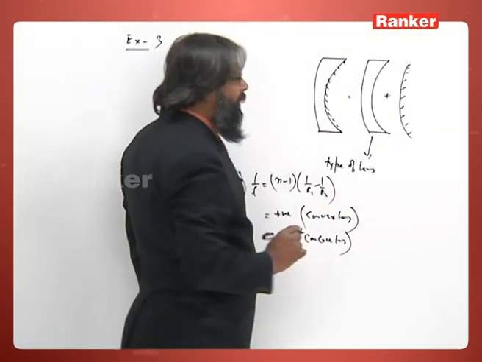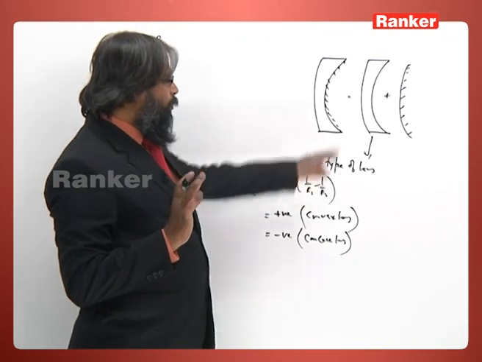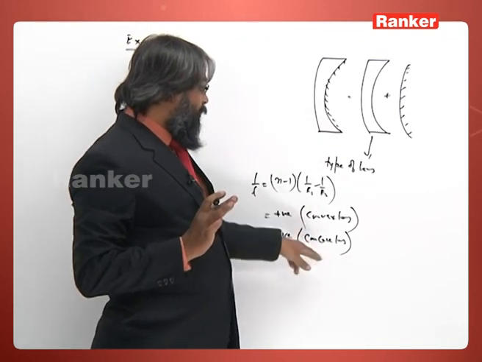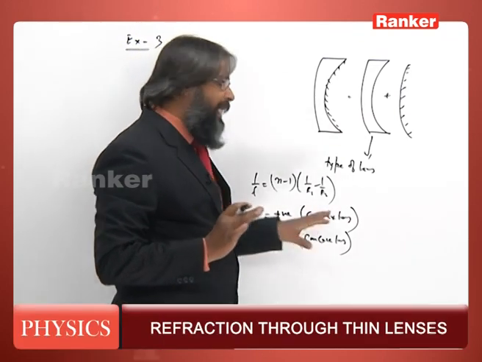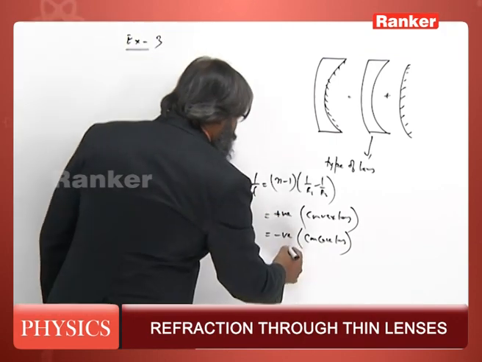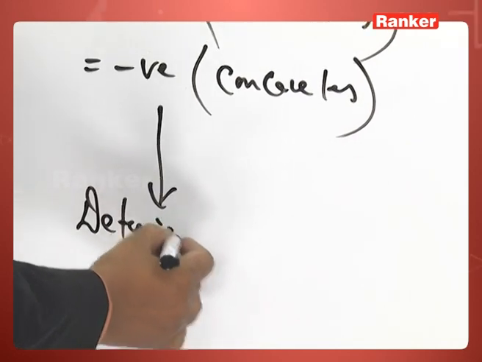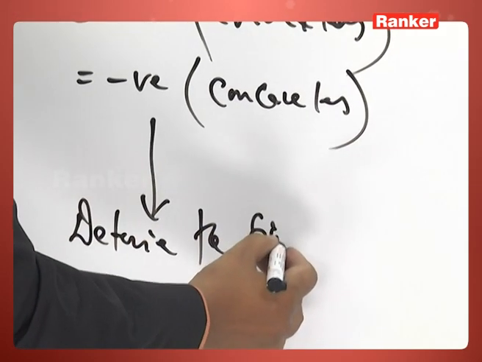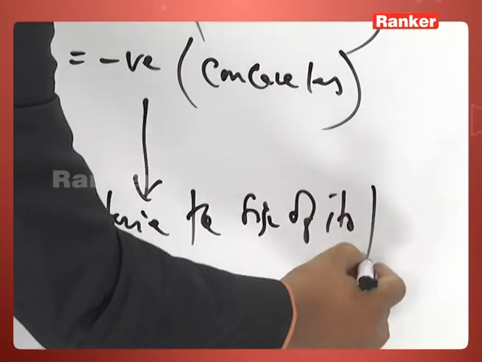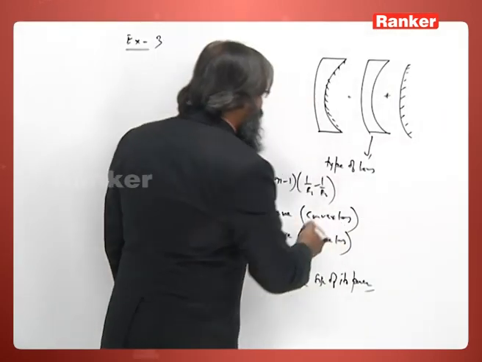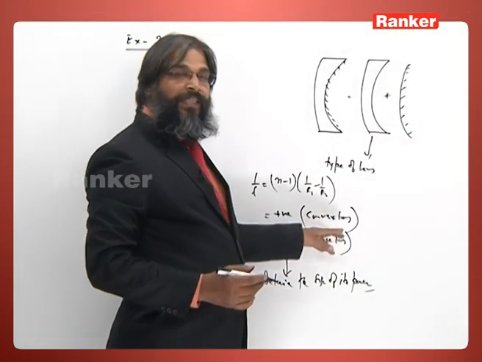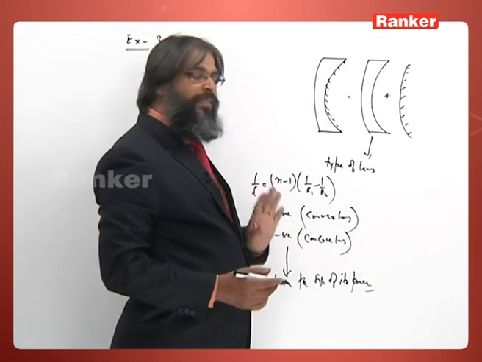So, first step is to determine the nature of lens. Once we have determined the nature of lens, the next process is to determine the sign of its power. The sign is that convex lenses have positive power and concave lenses have negative power.